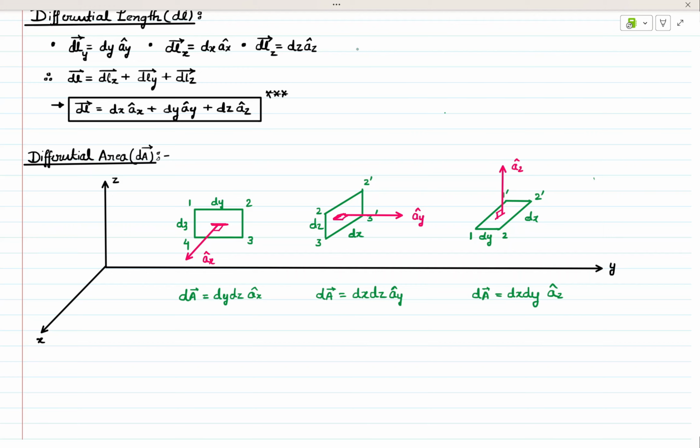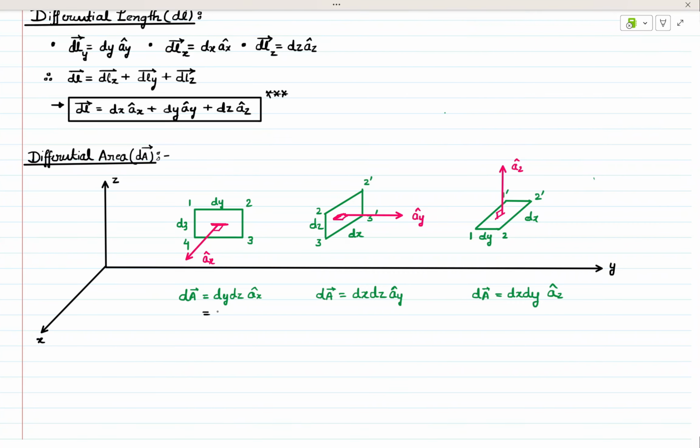Now you might have a question in your mind. These dy dz, dx dz, dx dy are nothing but scalar quantities. They are the magnitude actually. Since these three values are magnitudes, you can shuffle them.